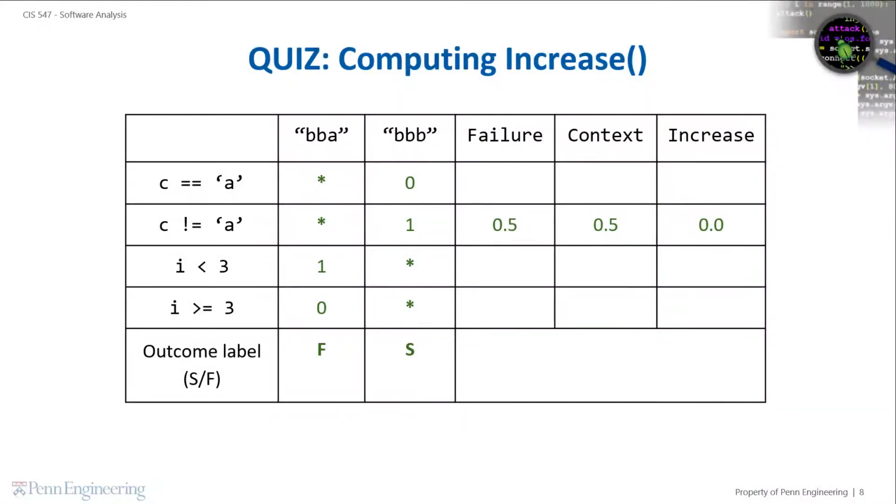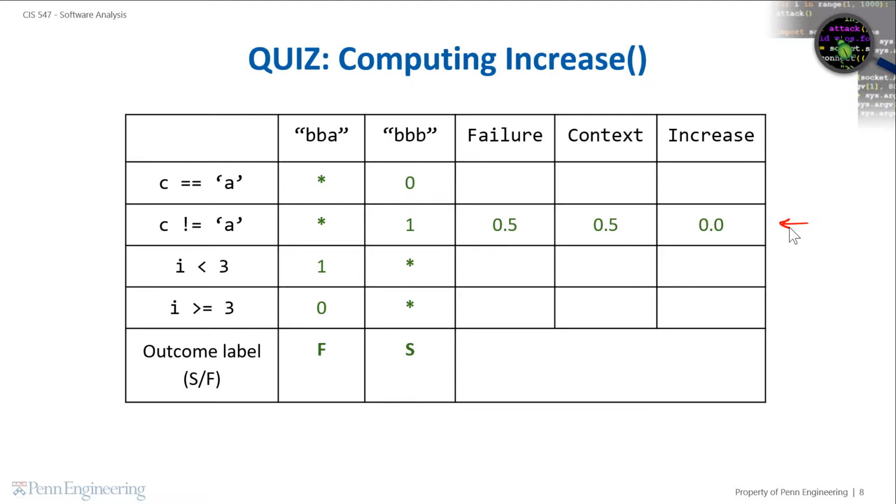Now let's look at the predicates from our previous example program. Previously, you recorded the state vectors for these 4 predicates over 2 different runs of the program. As an example, we have filled in the row for the predicate c not equals a. There is one failing run and one successful run in which this predicate was true. Therefore, its failure score is a half, or 0.5.